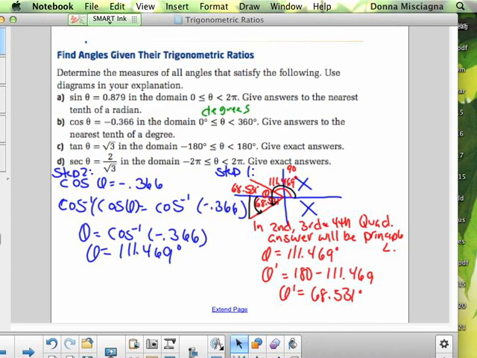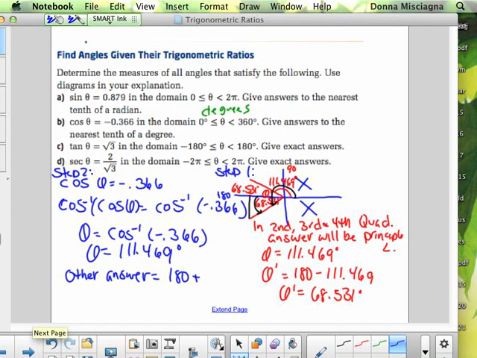To find the other angle, we're in the third quadrant, so for our other answer, if you notice, if we take 180, which is right there, and add the reference angle, we will get that whole angle. Because our angle is past this one over here, past 180 degrees already.